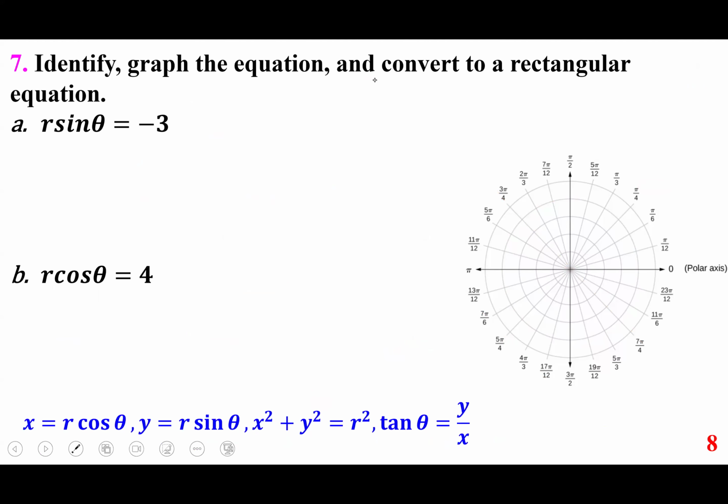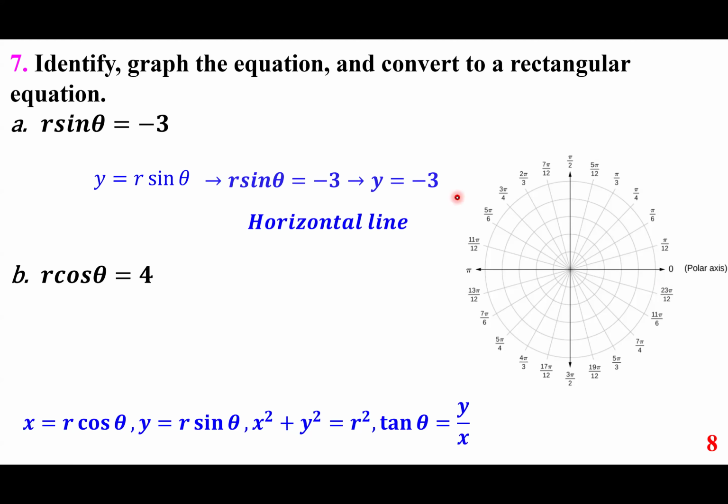Identify, graph the equation, convert it to rectangular form. Okay. R sine theta equals negative 3. And we know R sine theta is y. Therefore, y equals negative 3, which is a horizontal line. So we locate 0, minus 3, and we draw a horizontal line.